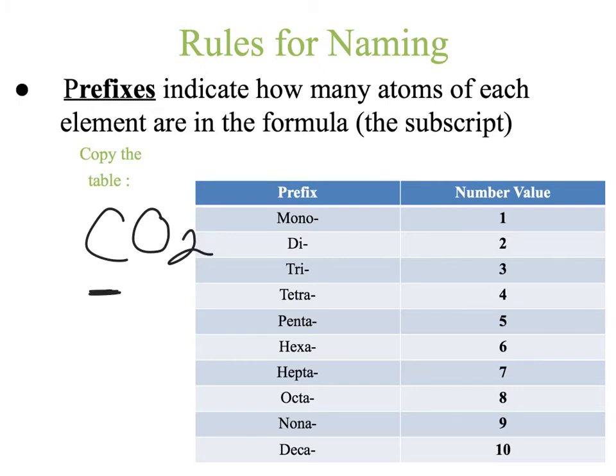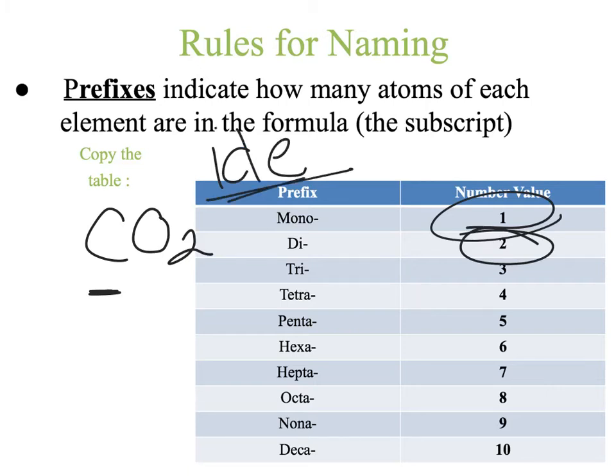I see 1 carbon. I could say monocarbon. I see 2 oxygens. That's dioxide. The IDE ending tells the listener or the reader that this is a compound. This is not a list of elements that are not bonded together. Rather, this is elements that are bonded together as a compound.